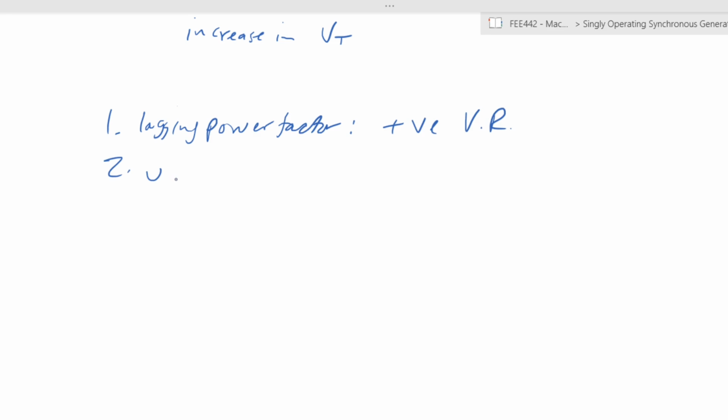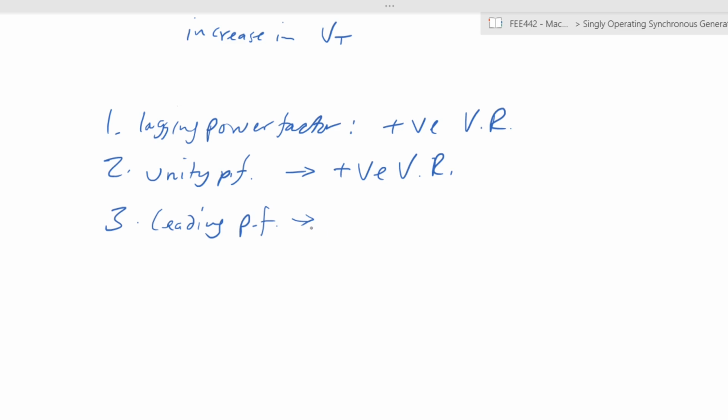When you have unity power factor, it leads to a slightly positive but still positive voltage regulation. And when you have a leading power factor, it leads to a negative voltage regulation, right? Those are the key things that you'll need to remember when you are applying loads to an electrical machine.